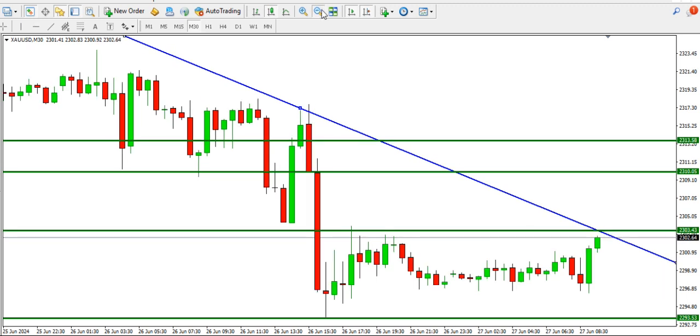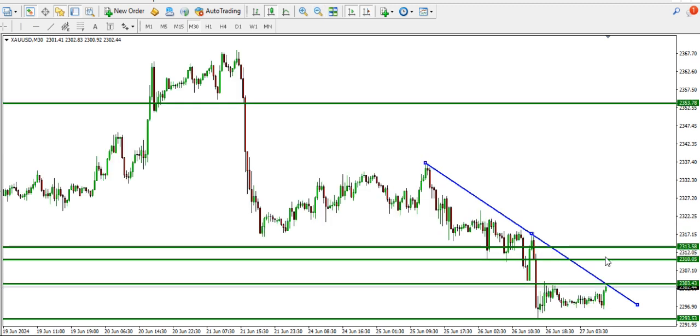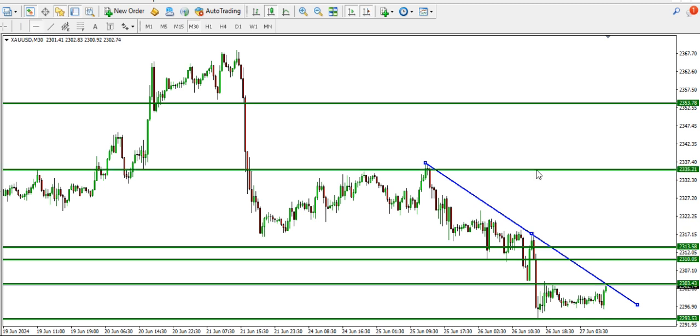But today is Friday. We might see price pushing upward to as high as this very order block, which is at the 2335 level or 2333 level.